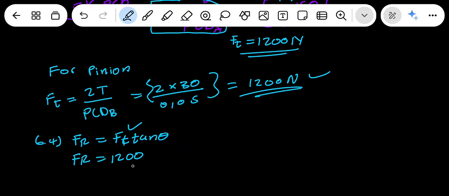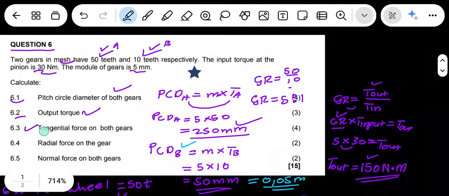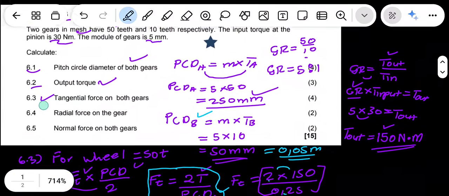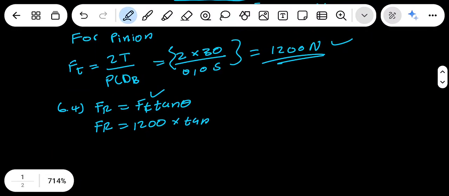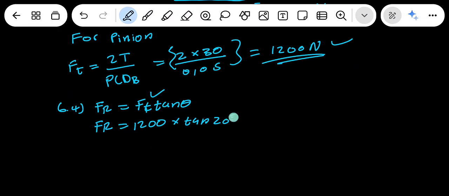Already we have the tangential as 1200 multiplied by tan of the angle. The angle we know that we'll use 20 degrees as normal. So this will be 436.76 Newton. That is our radial force.